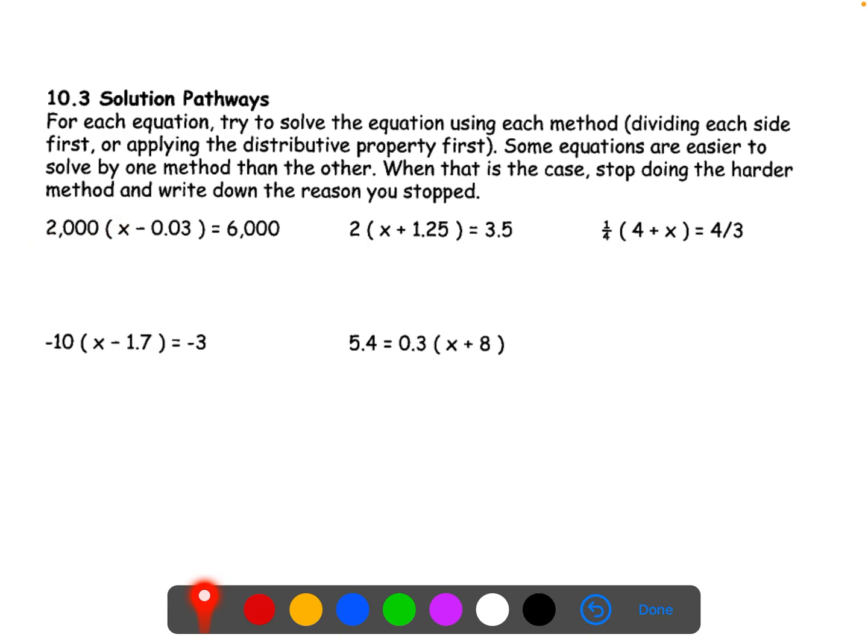So let's look at this first one. Now, I can distribute 2,000 to x and 2,000 to 3/100ths. But that means I'm going to have to figure out what 2,000 times 3/100ths is. And that's not a very obvious solution without grabbing a calculator.